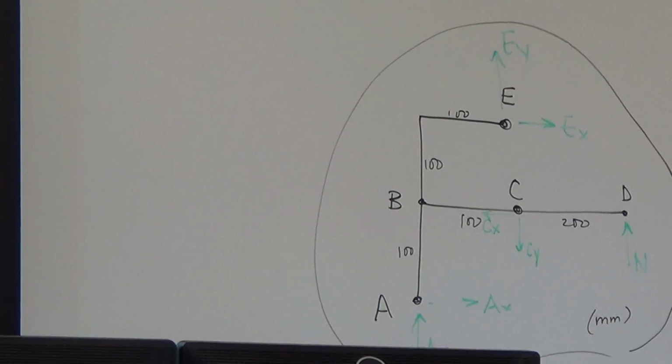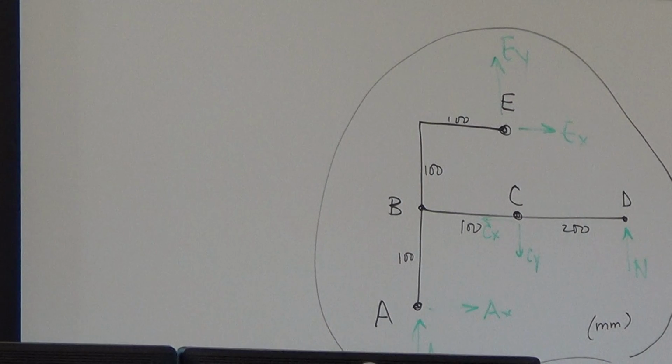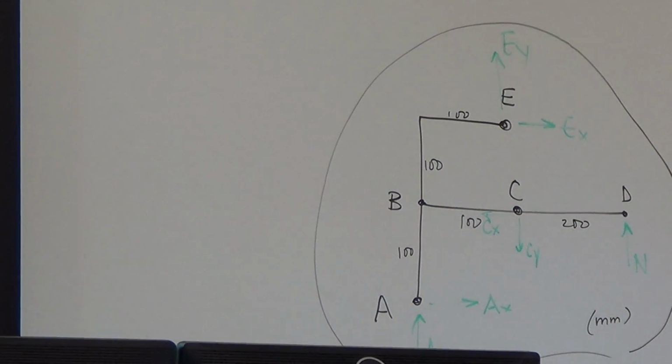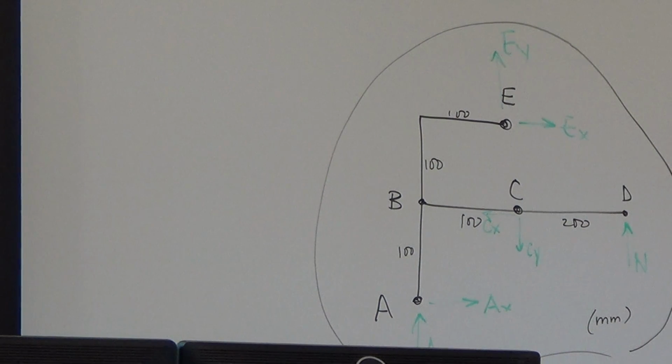AX equals -150. Okay, how did you get that? Which free body diagram did you use? I used the total. Right. So let's use the free body diagram total, and what equation did you use? Sum of the forces in the X. Sum of the forces in the X gave you AX. Does everybody agree with that?